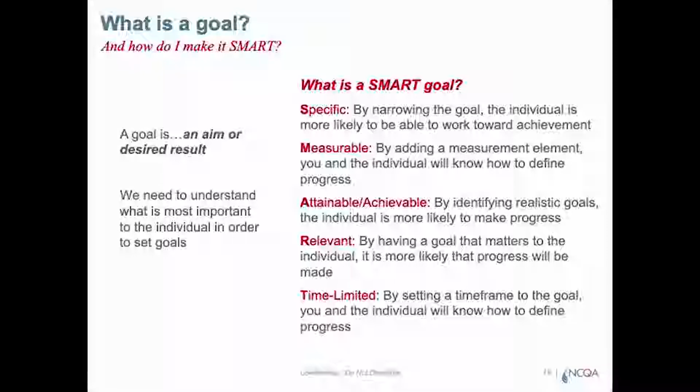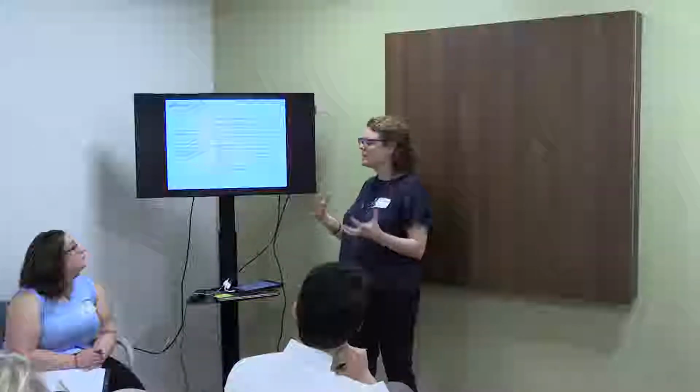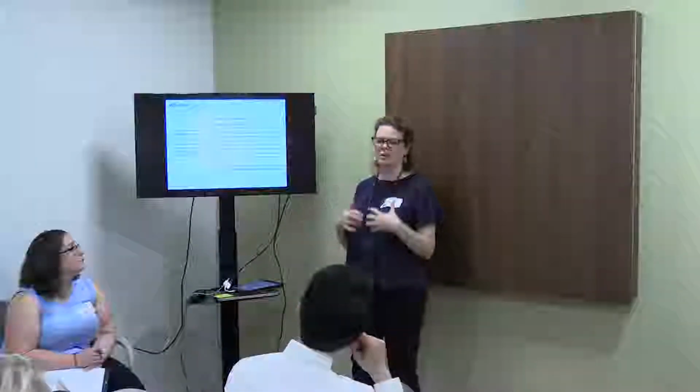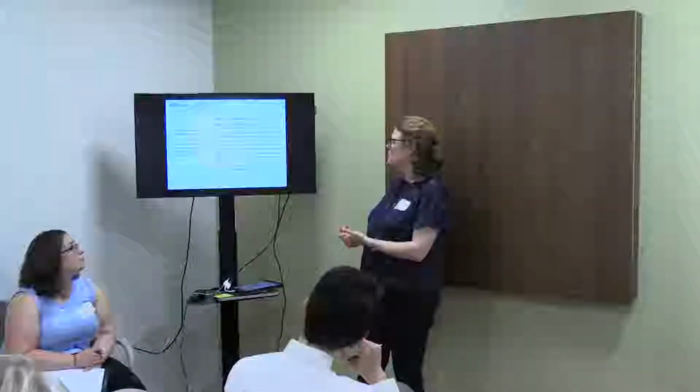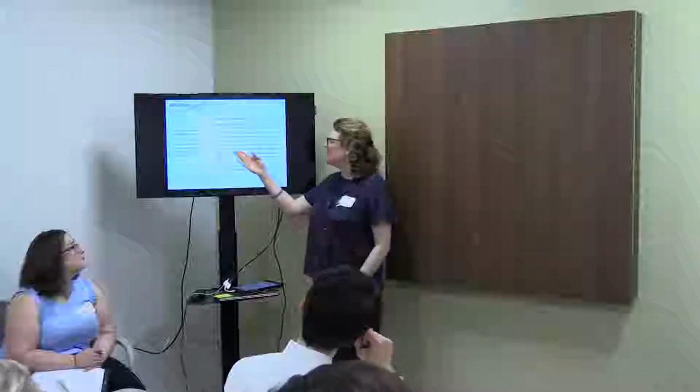As Erin was talking about, how will we know if this actually gets achieved? We want to make it specific enough and something that we can measure, so that the individual knows how they're defining their progress and what good means, and that the provider does, and that this is a shared understanding.